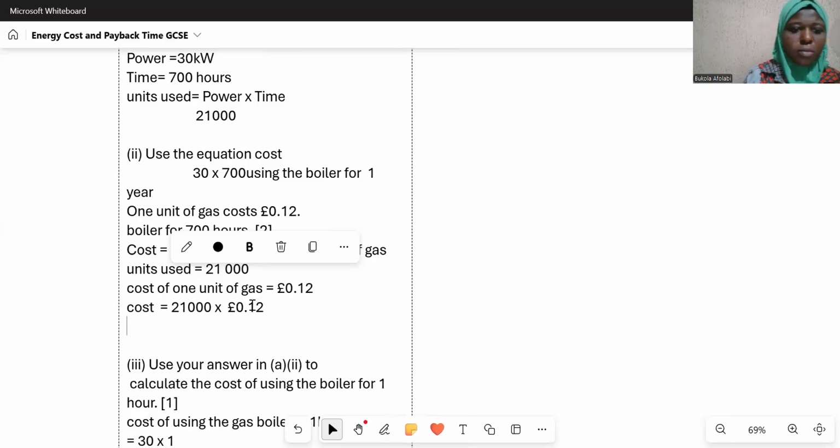So when we do the multiplication, what do we get? Cost equals 2,520 pounds. Correct.